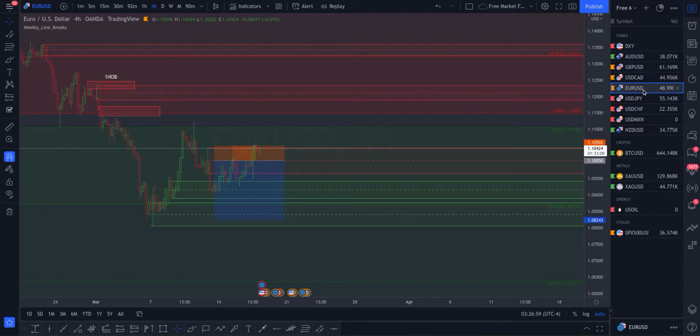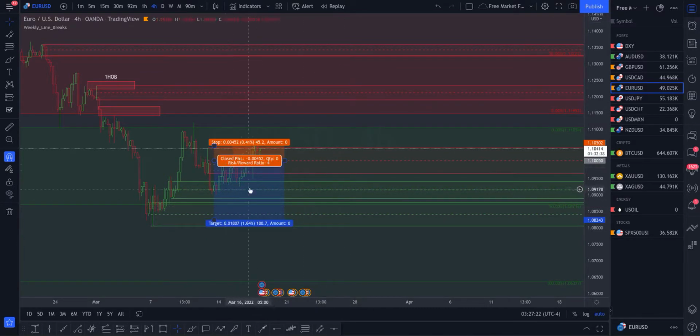Euro USD short-term institutional bias was consolidation. We can see where price opened up, came down into this 4-hour demand zone, tapped into our equilibrium, and has pushed up.